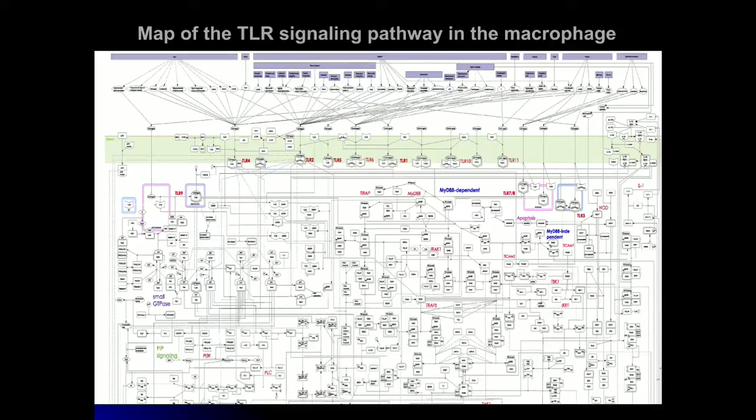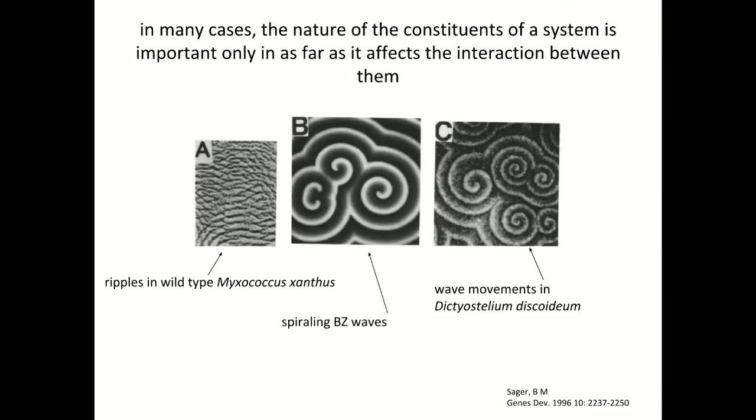But these molecules here propagate information from outside the cell down to the nucleus through chemical reactions like phosphorylations and other chemical modifications. So we can think of information flowing through these networks.